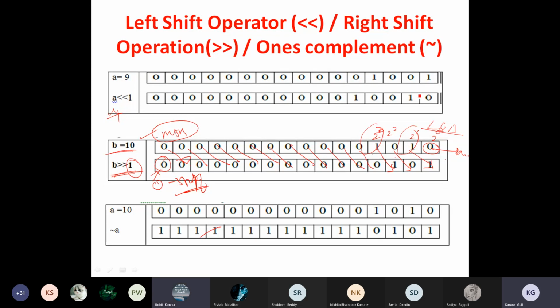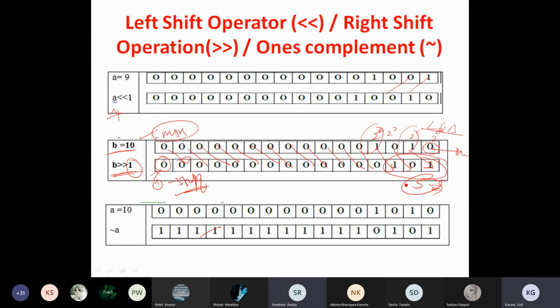Here we went for the left shift like this. Here we are shifting towards the right side. Clear? Okay, what is this data then? 5. Is everybody agreeing? Is it 5? Yes, ma'am.